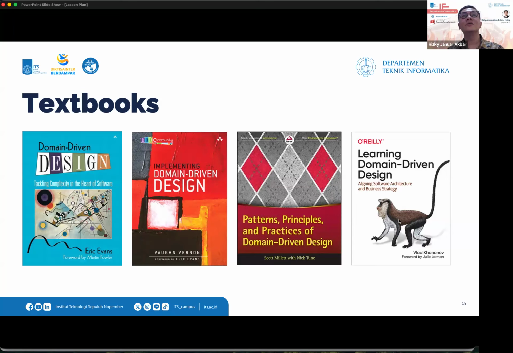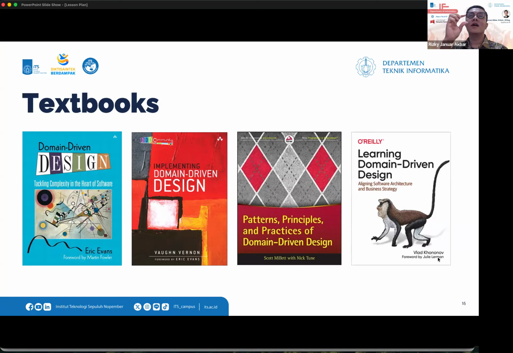Actually, the newest one, Learning Domain-Driven Design by Vlad Khononov, is easier to understand, and this book is not as thick as the others. I think the thickest one is Patterns, Principles, and Practices of Domain-Driven Design. So I suggest you to read Learning DDD by Vlad Khononov.